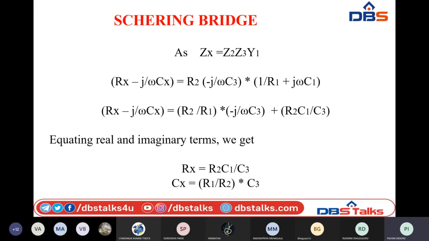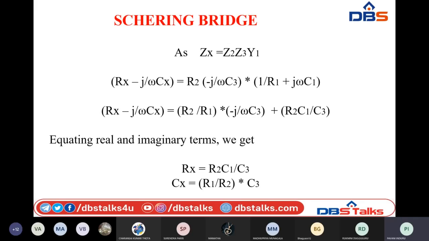Now whenever the bridge is balanced, Zx will be equal to Z2, Z3 and Y1, the product of these three. So now equate all those terms. Zx is nothing but Rx minus j by omega Cx, whose value is equal to Z2, which is nothing but R2 only, times Z3, which is the reactance of the capacitor, minus j by omega C3, multiplied with the admittance Y1, 1 by R1 plus j omega C1.